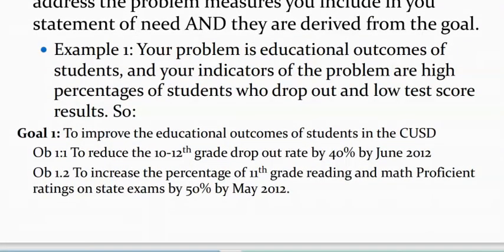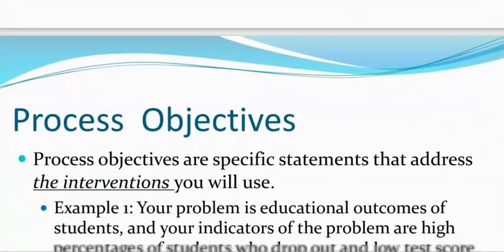So to improve the educational outcomes of students in the CUSD is a broad-based goal. Objective 1 is to reduce the 10th to 12th grade dropout rate by 40% by June 2012. Objective 1.2, to increase the percentage of 11th grade reading and math proficient ratings on state exams by 50% by May 2012.